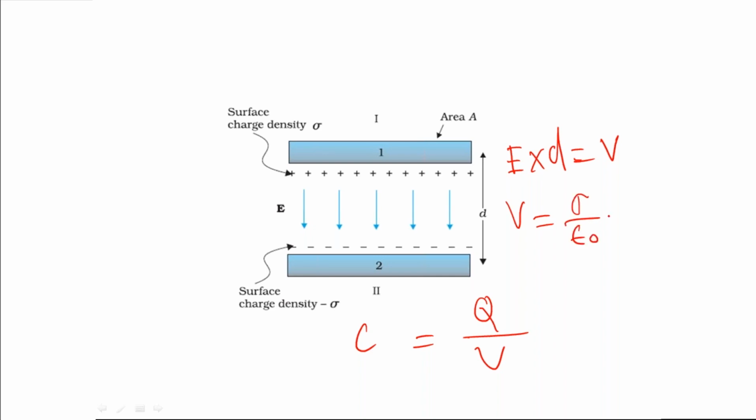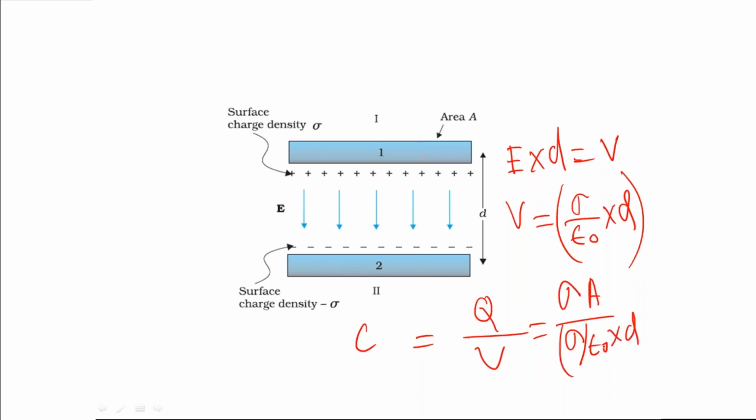Then you get V. So I have Q as sigma into A divided by sigma by epsilon naught into d. So you can look that my capacitance will be, sigma will get cancelled, so you will get epsilon naught A by d. Okay, this is called the capacitance.